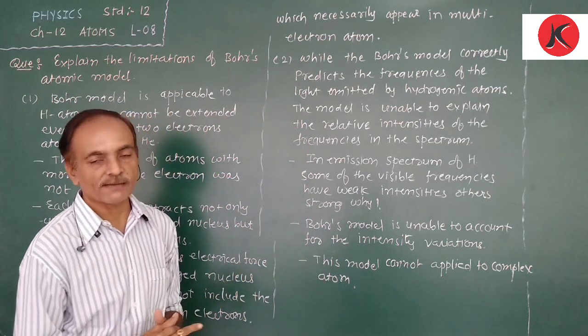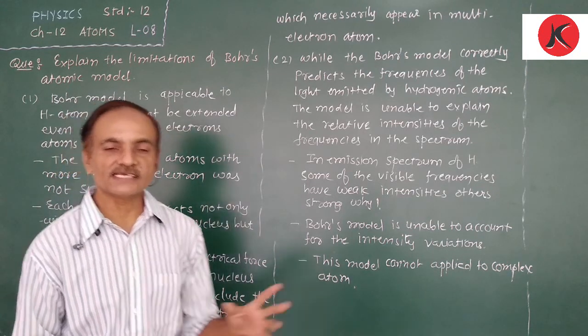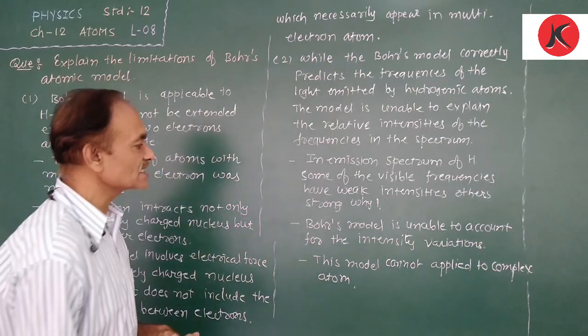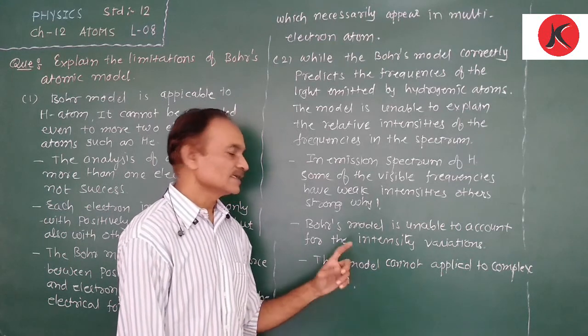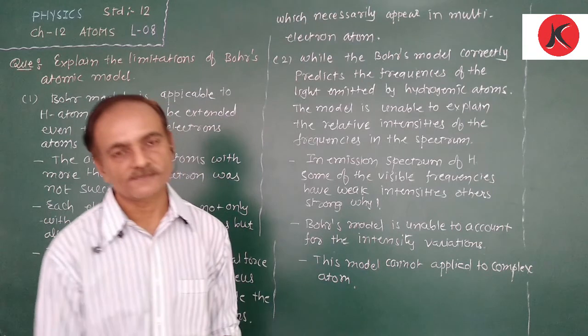Bohr's model is unable to account for the intensity variation. Thus, the variation in intensity of the emission spectra cannot be explained by Bohr's model, and this model cannot apply to complex atoms.